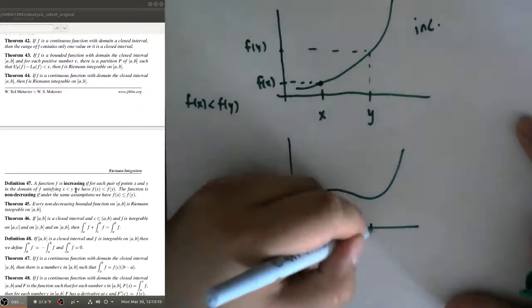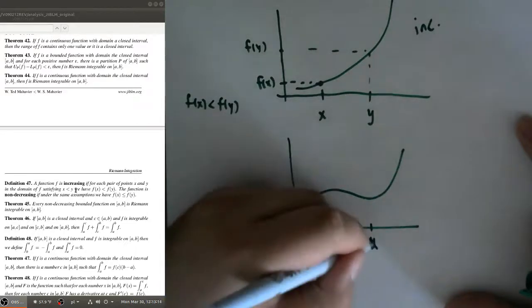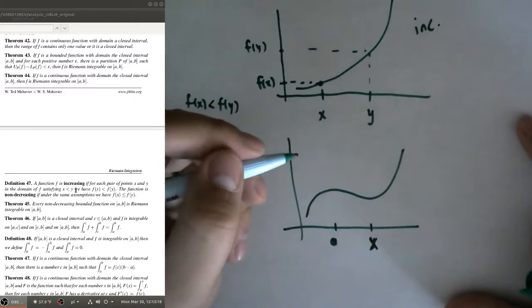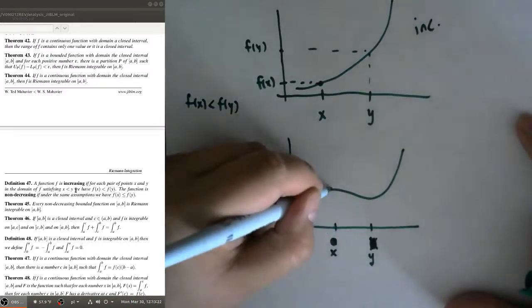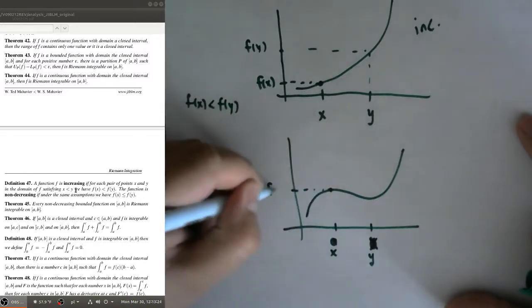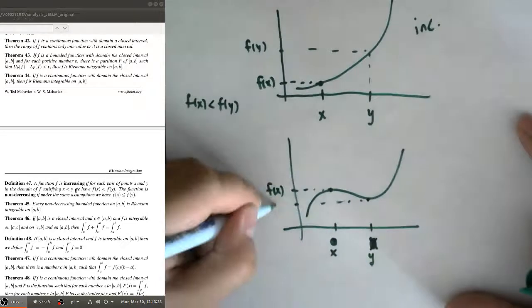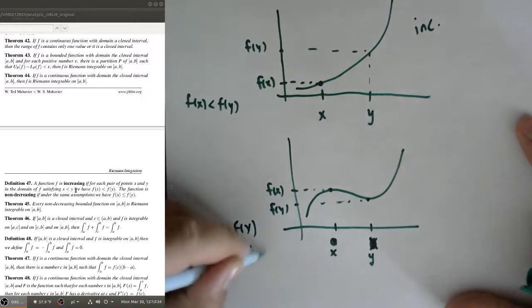Let me put x here, y here. If I look at f of x, and then this is the height f of y, f of x is in fact greater than f of y here, so it's not increasing.